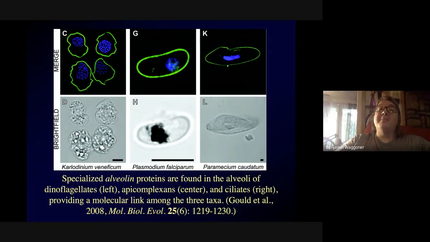Up at the top, the nuclei have all been stained blue, and proteins found in these alveolar sacs called alveolins have been stained fluorescent green. You can see that all three have these fluorescent alveolin proteins. So there's some direct evidence for this molecular link among these three taxa.